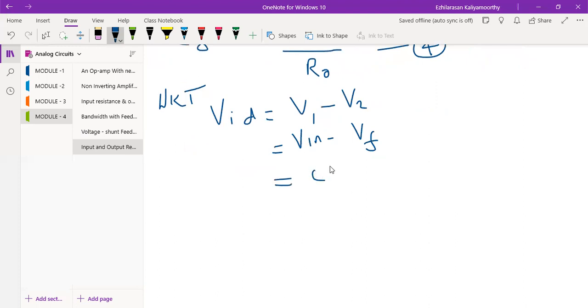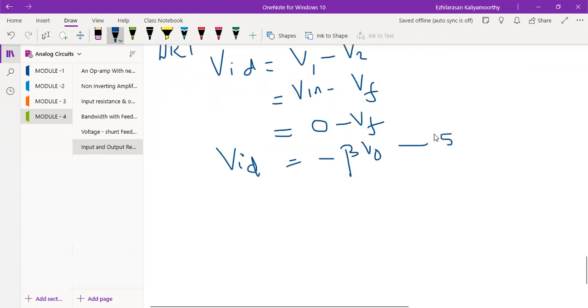Vin is already connected to short circuit, 0 minus Vf. So that is VID. So now from this I can write VID is equal to minus Vf. Then what is Vf? Vf is nothing but beta into V naught. Yes, so this will be your expression.